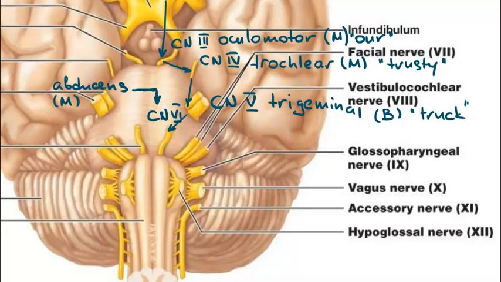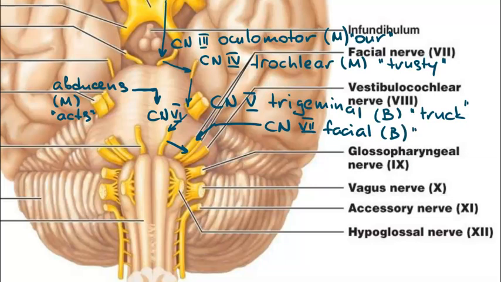It is a motor nerve, and the word is "acts". From cranial nerve 6, we move on to cranial nerve 7, known as facial, both, and the word is "funny".